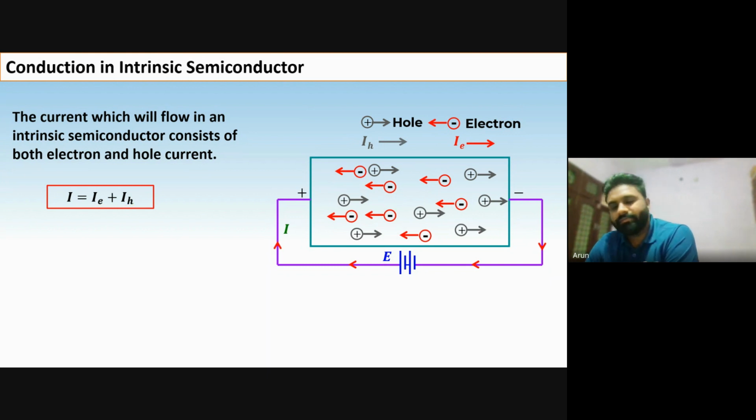Now tell me one thing I want to ask you guys: why have we taken the direction of current opposite to the electron? We all know that this current is only running because of the electrons. Then why do we take the direction of current in the direction of positive charge?